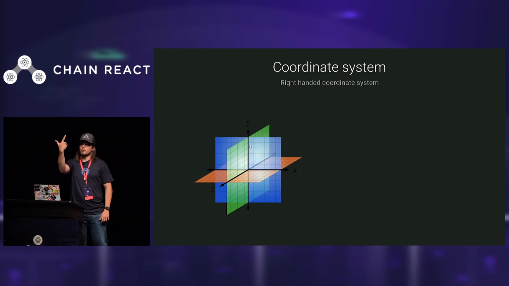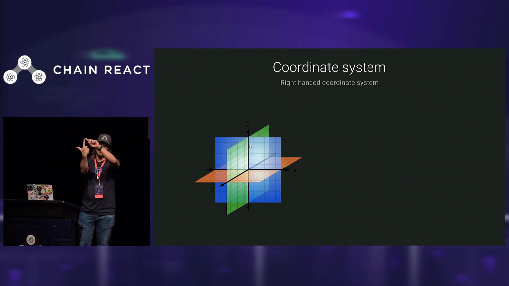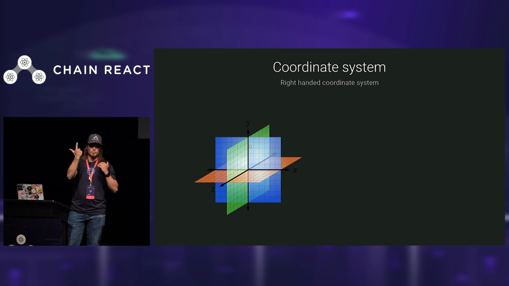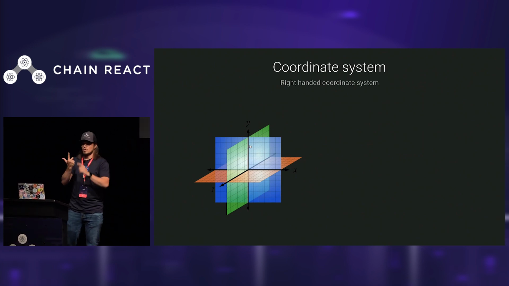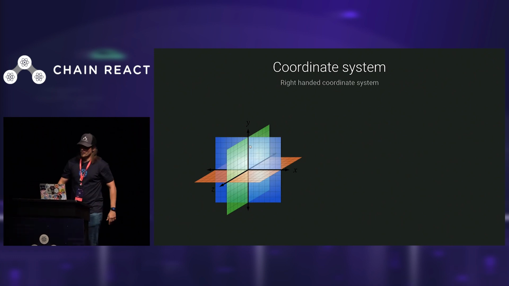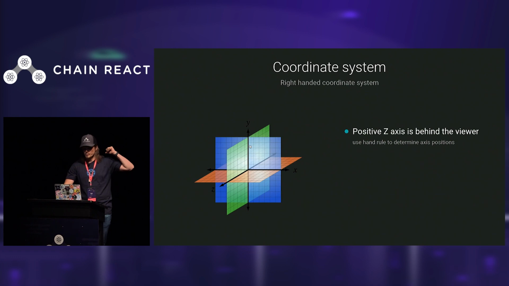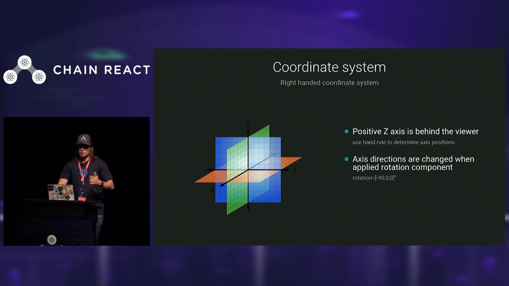Because if you take your right hand, you point it at yourself. This is y, this is x, this is z. Meaning, if I want to put something in front of me, I put it on minus z, and y and x respectively. So positive z is behind the viewer. It's an important thing. Directions change with applied rotation component.